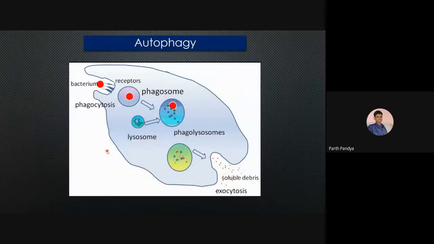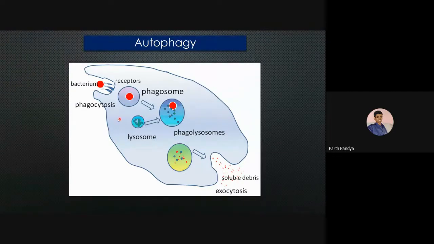So if you see, the lysosome plays a major role in clearing off debris, meaning the cleaving and digesting of the unwanted part. For example, we have an antigen or a bacterium which has been taken inside with the help of a receptor. So phagocytosis has been done by the cell, let us assume a macrophage or a neutrophil.